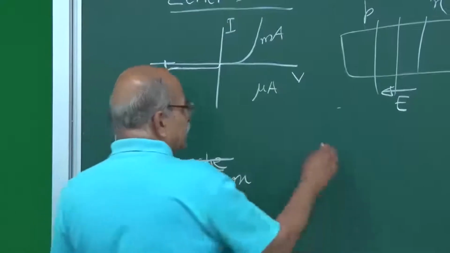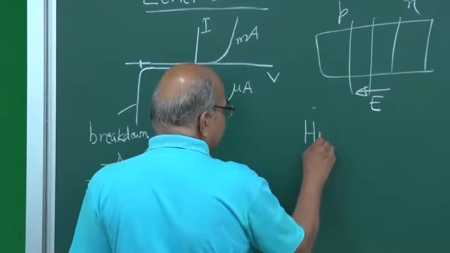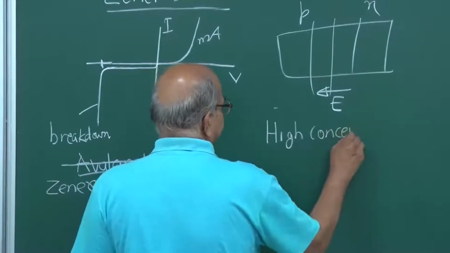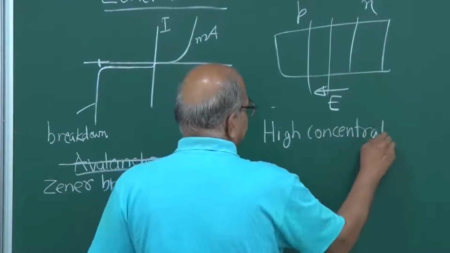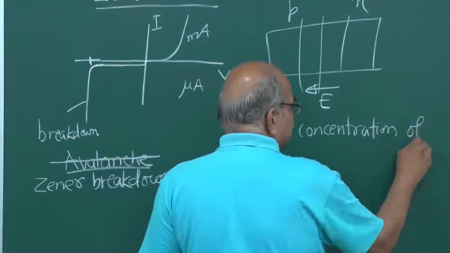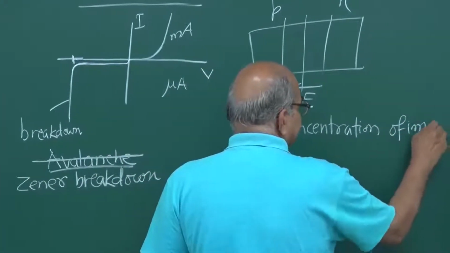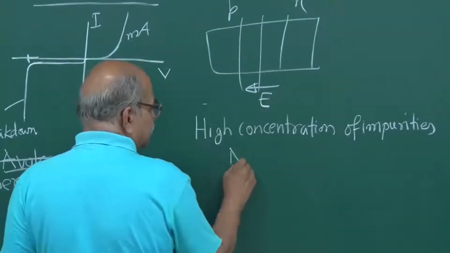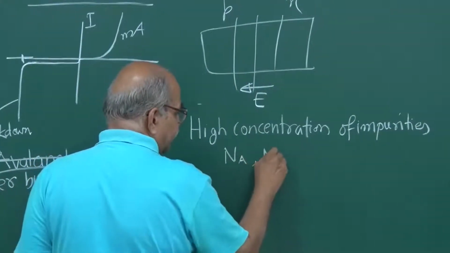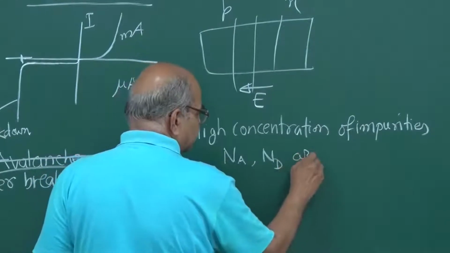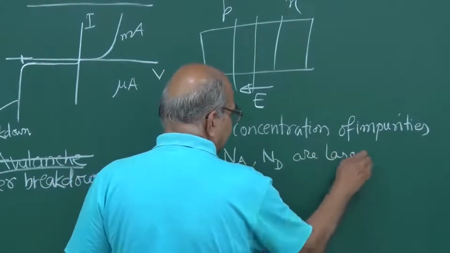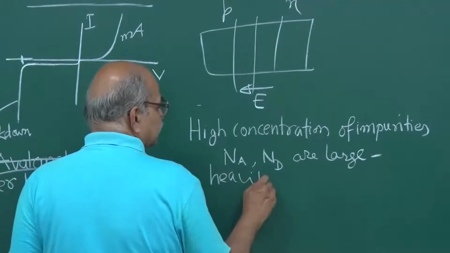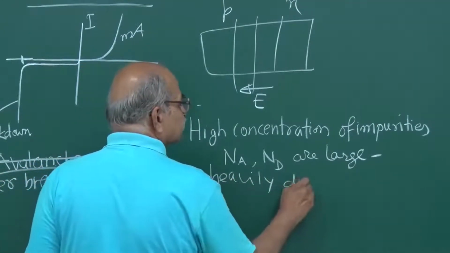So normally for Zener we have a high level of doping, high concentration of impurities. So Na and Nd are large, heavily doped. These are the words that you will find, heavily doped.